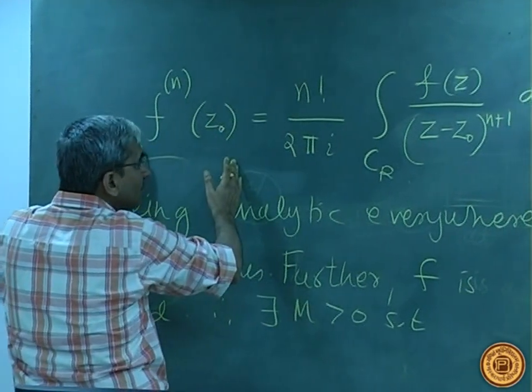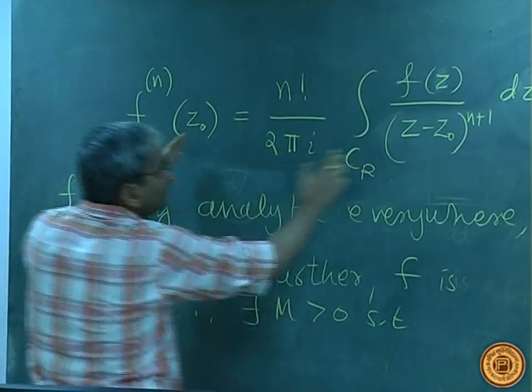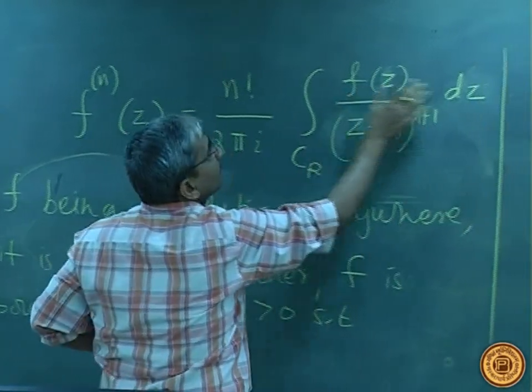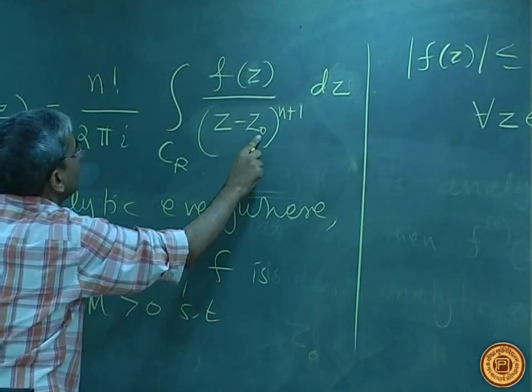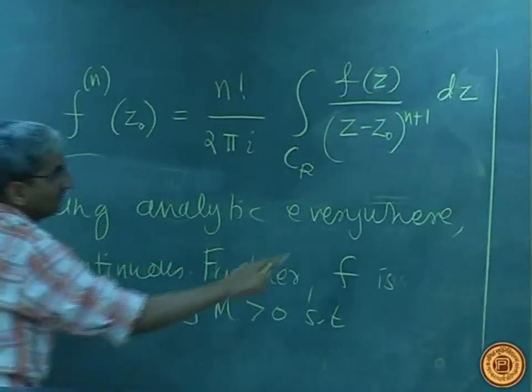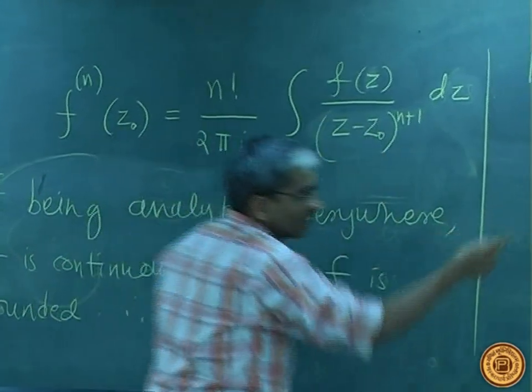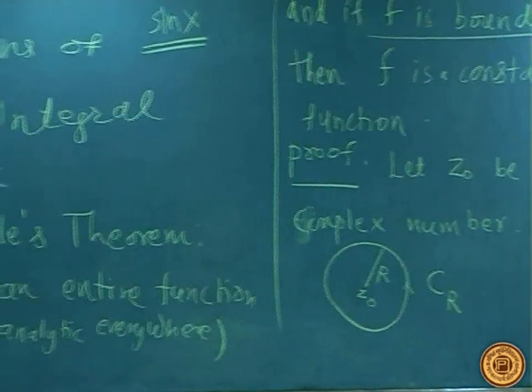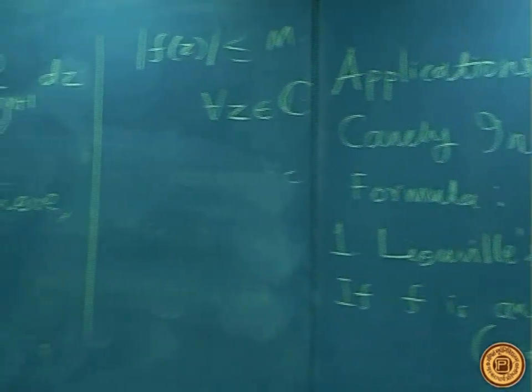If you take the absolute value and you want a bound, it is clear that mod z minus z0 is r, because this is a circle with center at z0 and radius r. So for all z here, mod z minus z0 is r. There is already not just a bound, but the exact value.